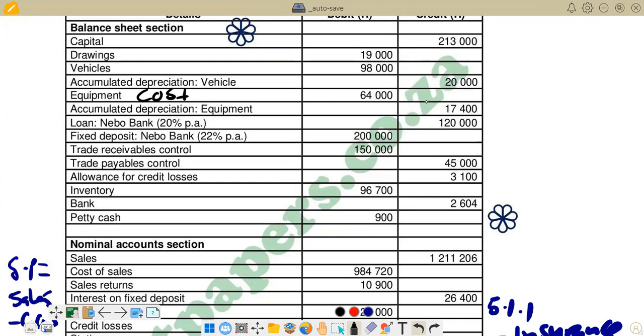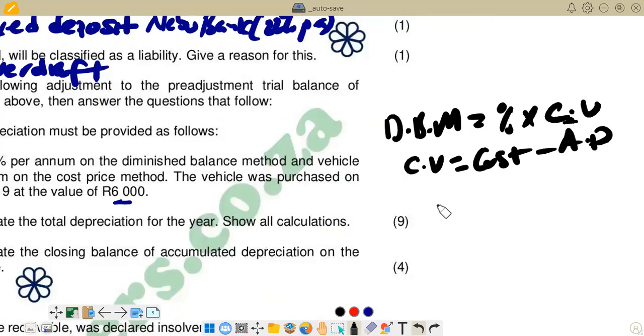So we can just summarize that one to find the depreciation for equipment. Remember, the percentage is 10%. So we are saying 0.1, which is 10%. Then we multiply by the difference of cost and accumulated depreciation, which is the carrying value. The cost that you are given in the question is 64,000. Then we subtract the accumulated depreciation, which is 17,400.